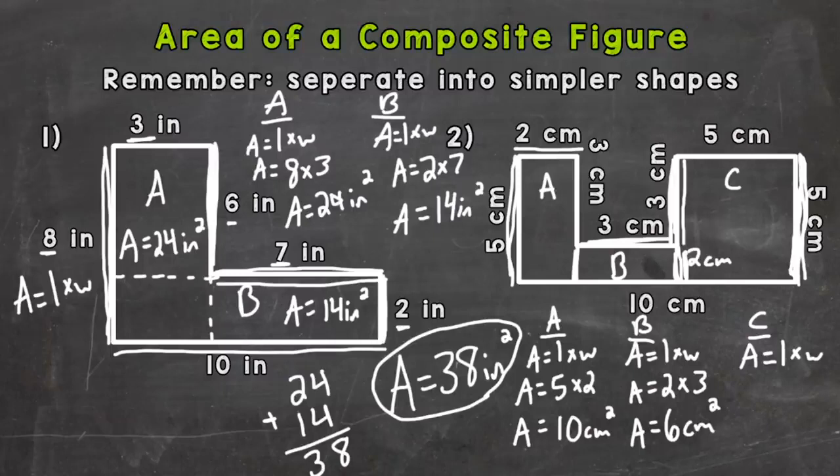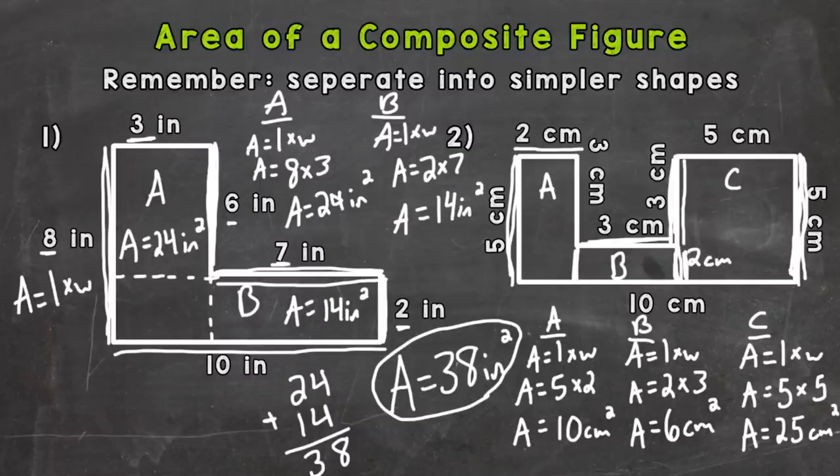And lastly, for C, we have a square here, 5 by 5. So our length is 5 and our width is 5, so our area is going to be 25 square centimeters.